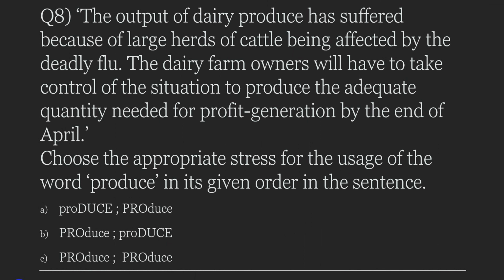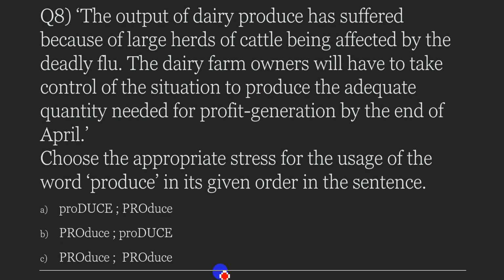Question number 8. In this, we have to tell the appropriate stress usage of the word produce in the given sentence. If we read the sentence, the output of dairy produce has suffered because of large herds of cattle being affected by a deadly flu.